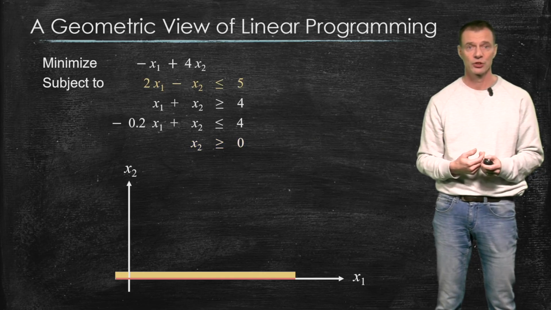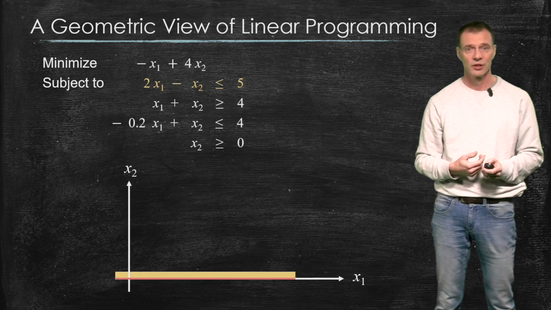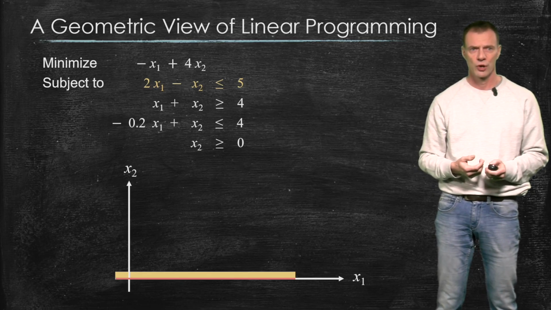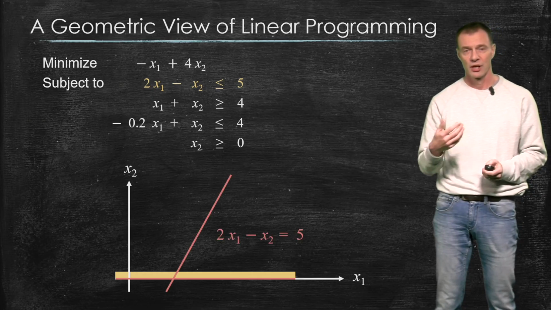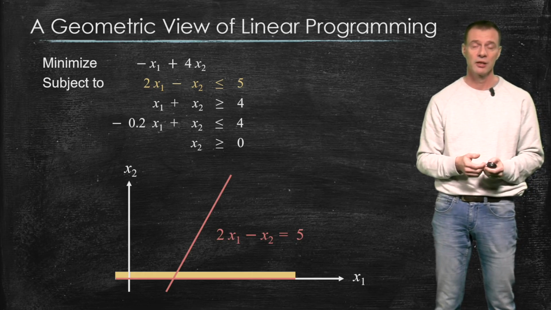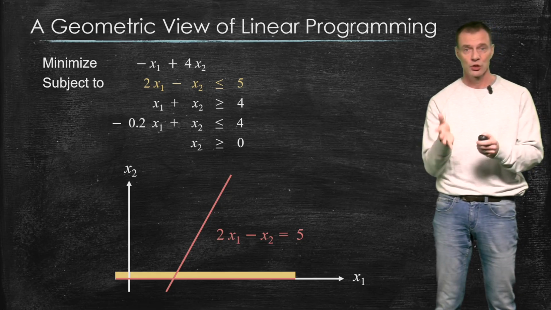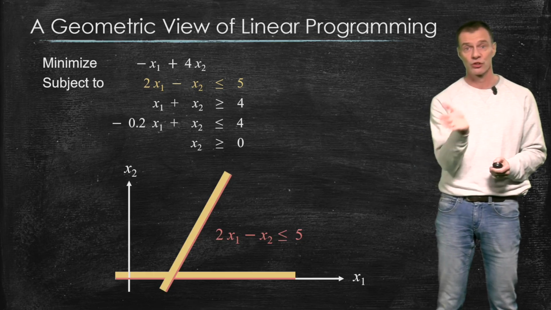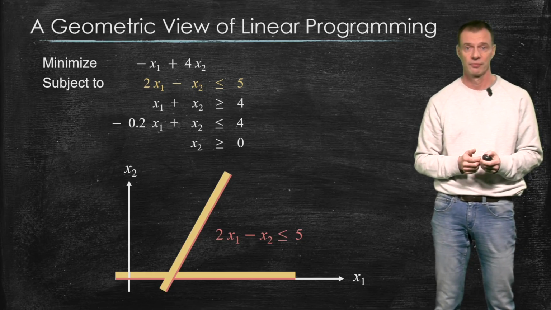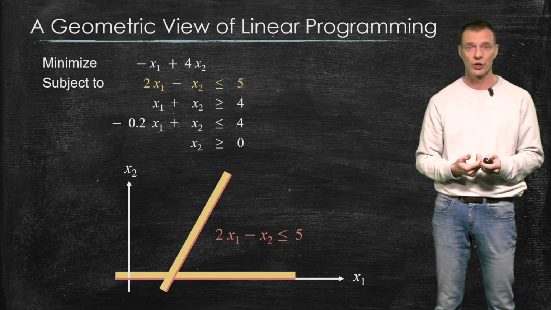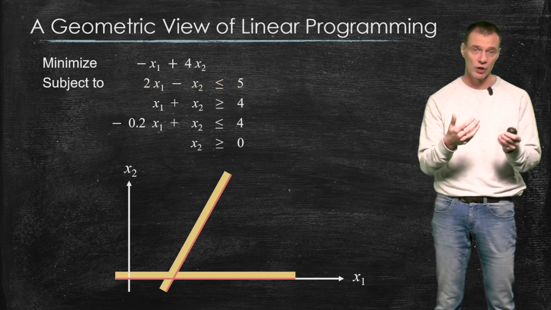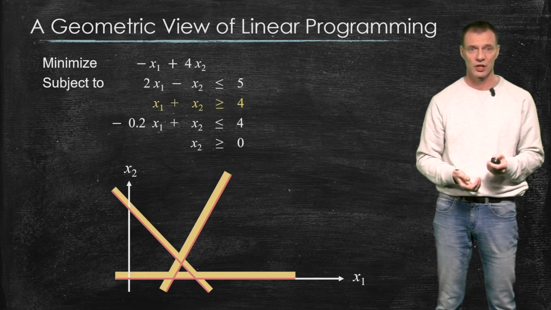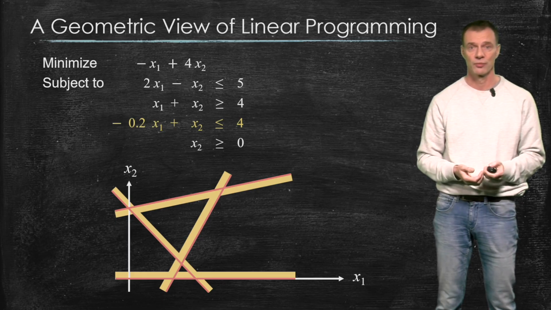If you look at the second constraint, I can draw the line 2x1 minus x2 equals 5. That's a line. And now the constraint said that this should be at most something. So that means that our points should lie on a certain side of this line. We can do that for all the constraints. So every constraint will give us a half plane. So here you see the third constraint, the fourth constraint, and so on.